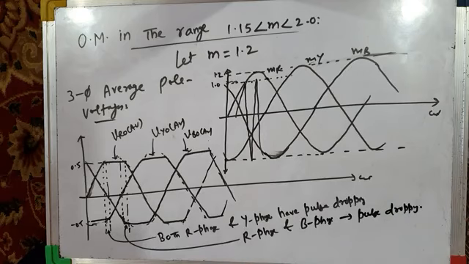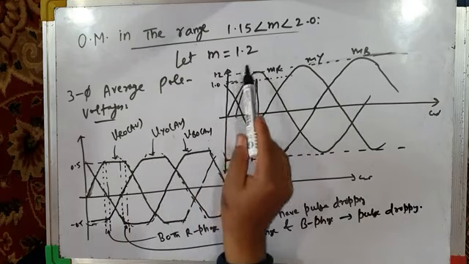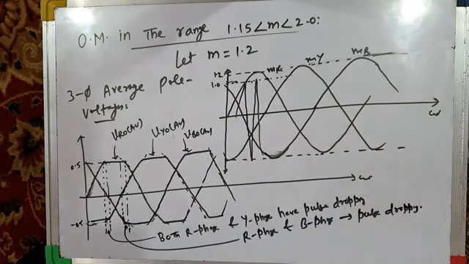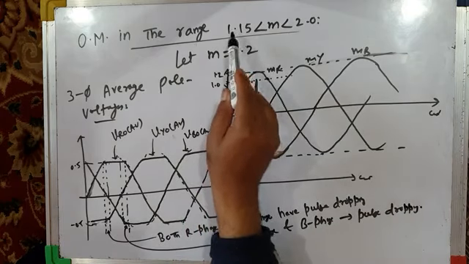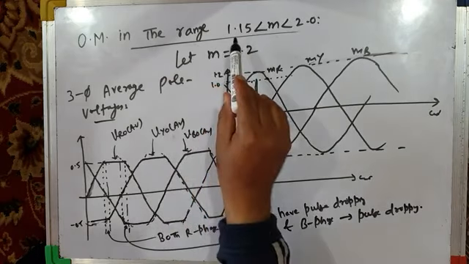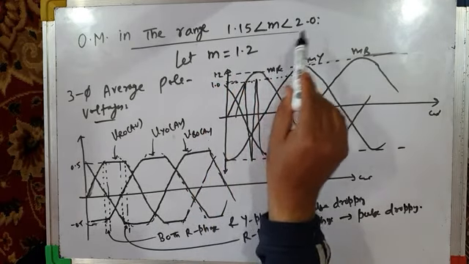So therefore you can see the difference between m equal to 1.1 and m equal to 1.2, that is the previous range of overmodulation, 1.1 less than m less than 1.15, and this range of overmodulation, that is 1.15 less than m less than 2.0.